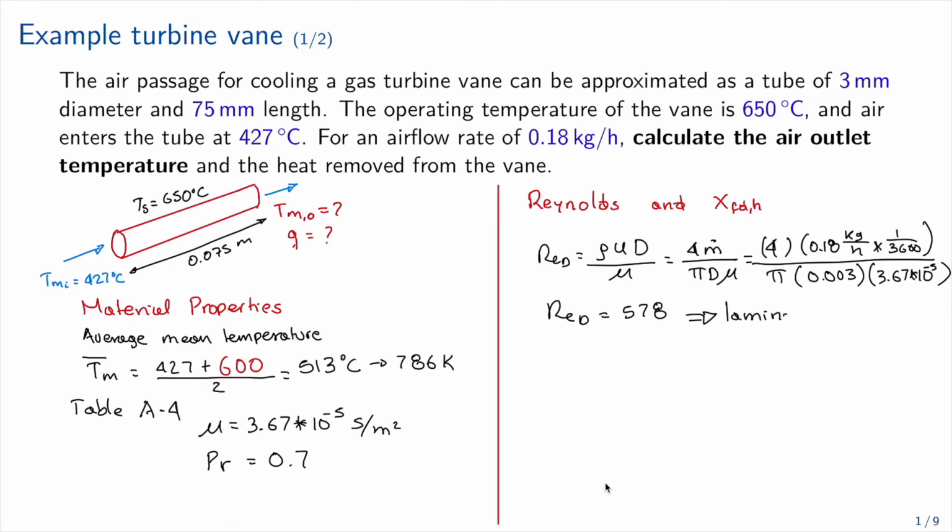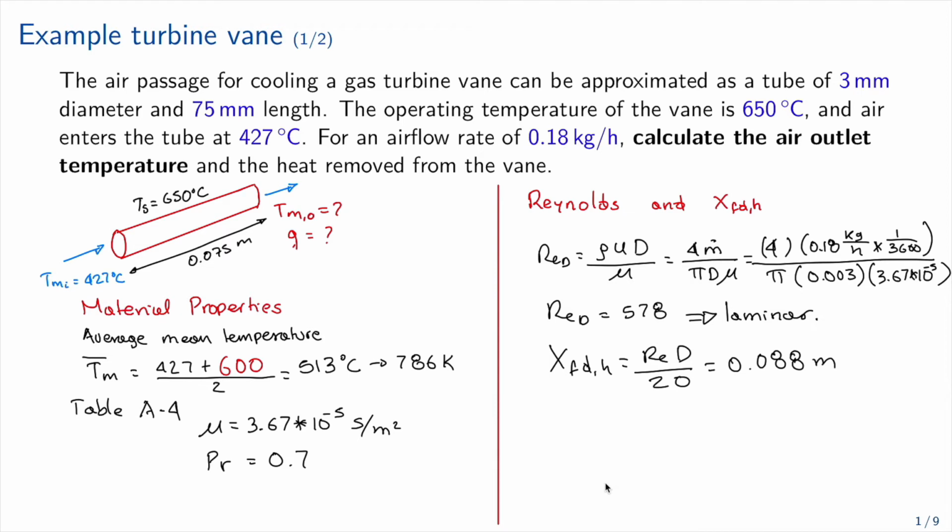So given that it's laminar, we have to use the corresponding equation for the distance to fully developed flow. So X for fully developed hydraulically is equal to Reynolds multiplied by the diameter and divided by 20. This is for laminar, and it will give us a value of 0.088 meters.